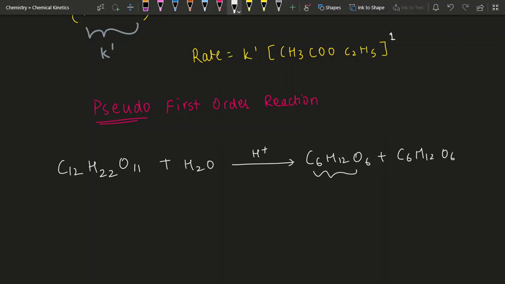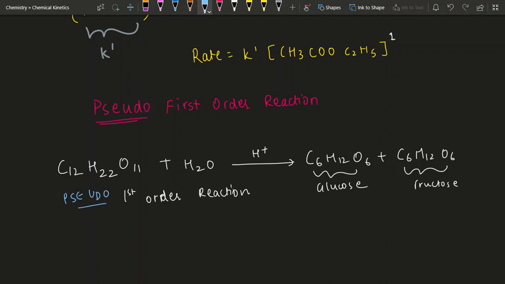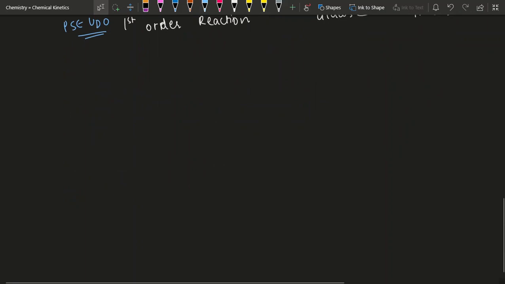However, they are a bit different. That's part of organic chemistry. However, for now, assume this is a first order reaction, and it's a special type of first order reaction. It's a pseudo first order reaction. Let's try solving the problem on this.